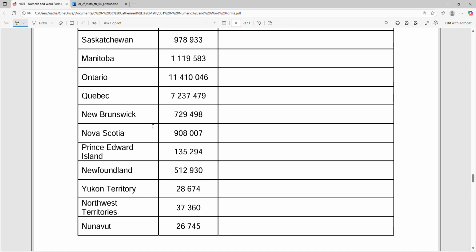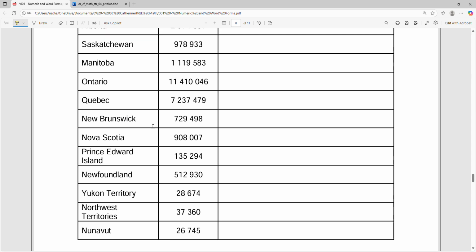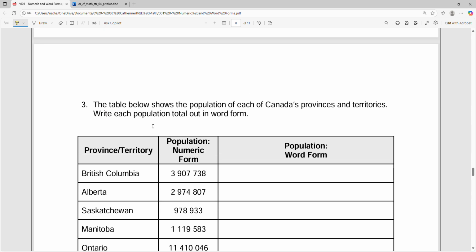Once you have checked your answers, you're going to make corrections. So anywhere you had to make a change, please write those in a different colored pen so that both your teacher and yourself can see where you needed to make some corrections.